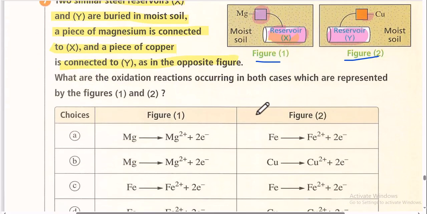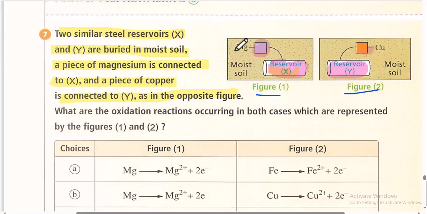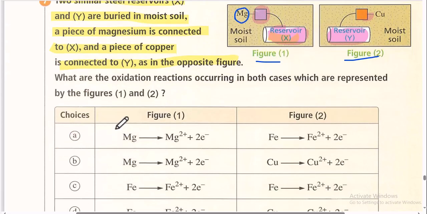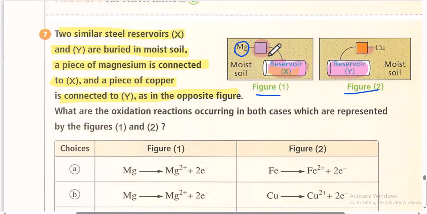Let's look at the choices. In figure 1, magnesium is more active than iron, so it will be oxidized. So the oxidation of magnesium is correct in the first case, so these choices are wrong. Iron is oxidized is wrong. Magnesium is oxidized in the first case. In the second figure, iron and copper.